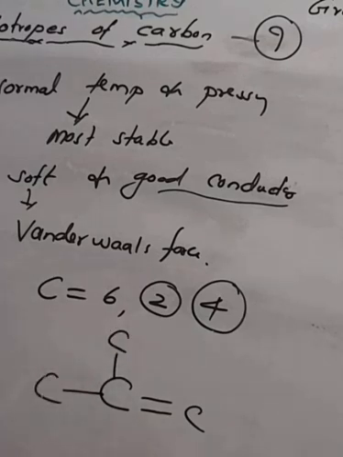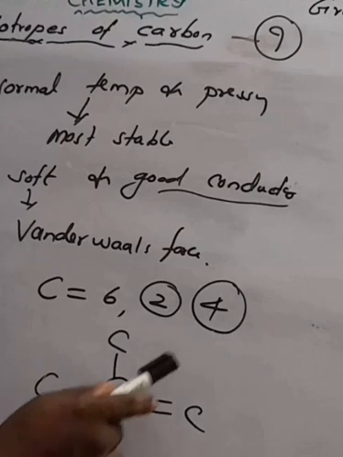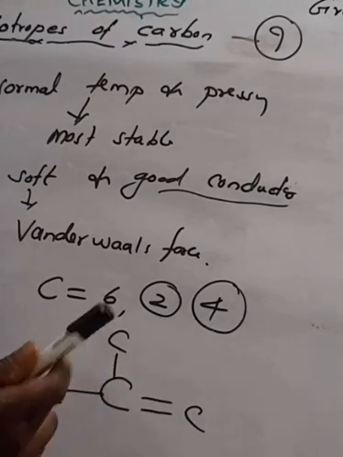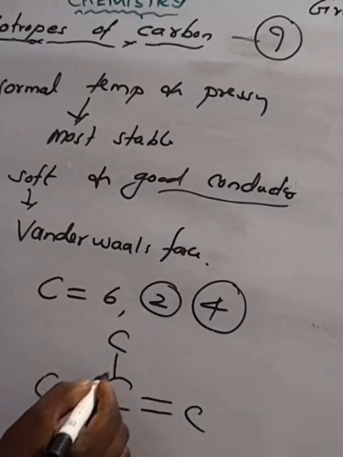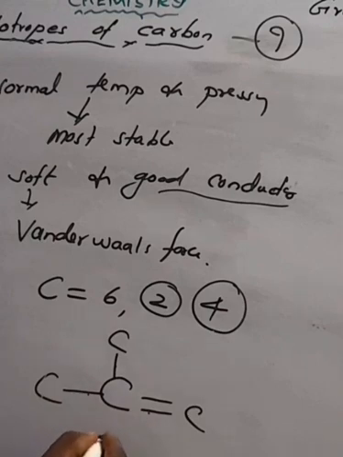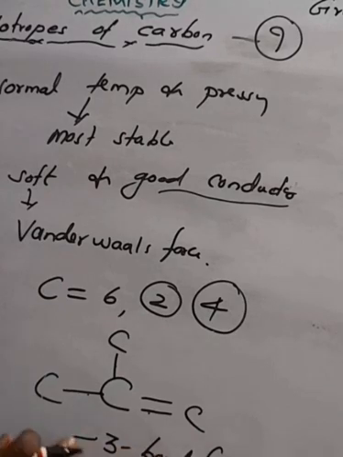So out of 4 valence electrons, 3 electrons are utilized for bond formation. So there is 1 free electron. These free electrons are not bonding to the nearest carbon. This free electron can move, am I right? Due to the movement of these electrons, it can conduct electricity.